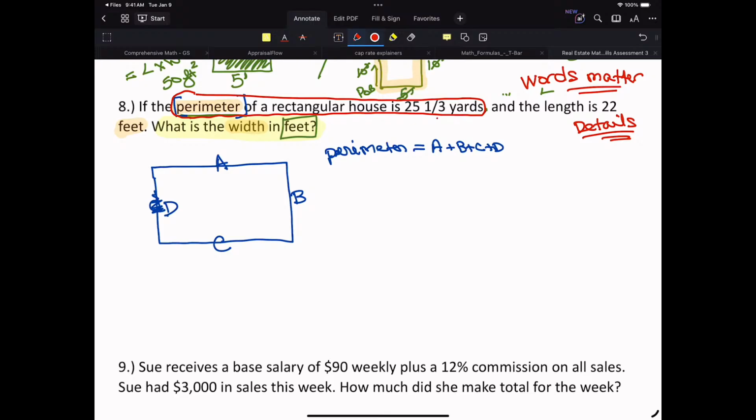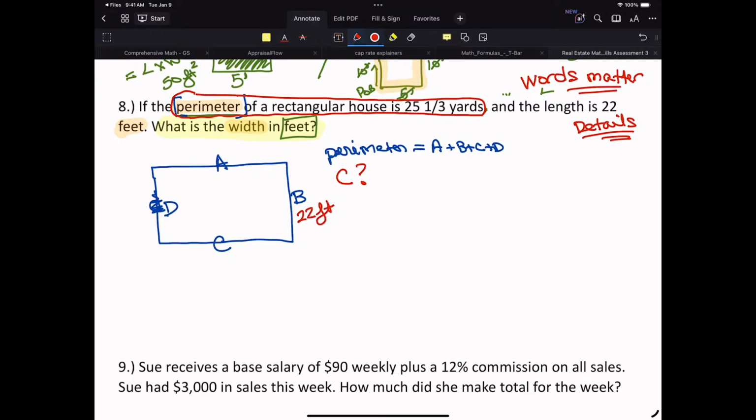If the perimeter of the house is 25 1/3 yards, and the length is 22 feet, what's the width in feet? So we are looking for C. That makes sense? We are looking for C. We know this right here is 22 feet.